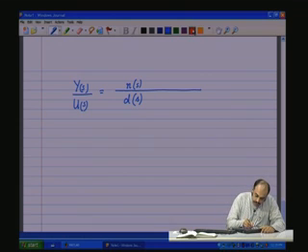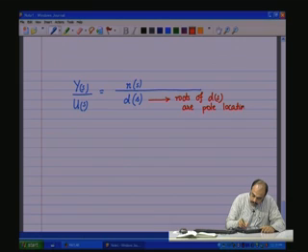Now, the roots of the denominator are pole locations in the S plane. The roots of the numerator are zero locations.